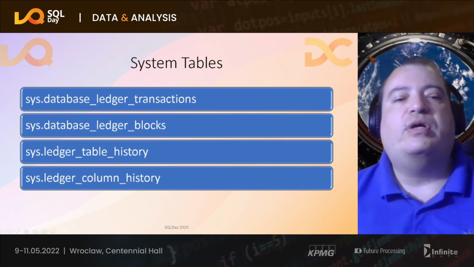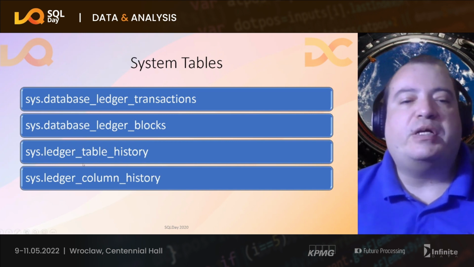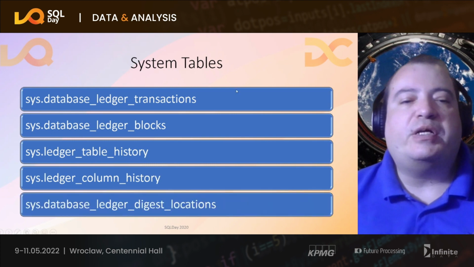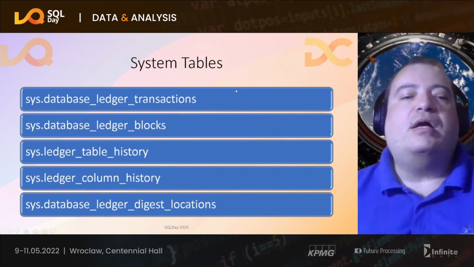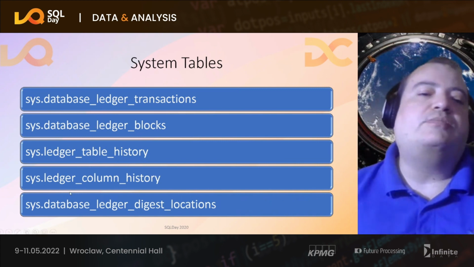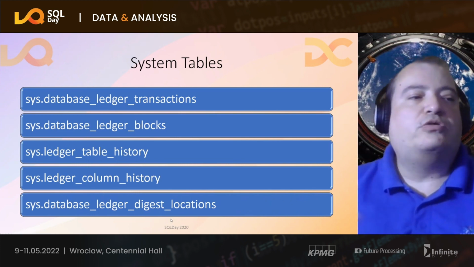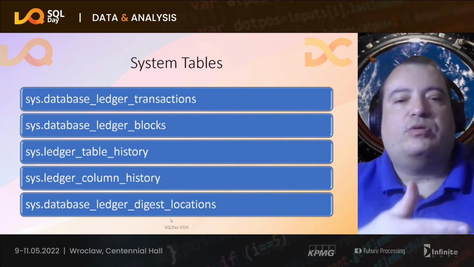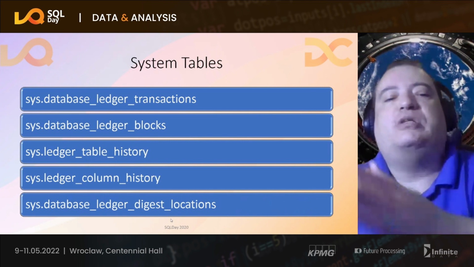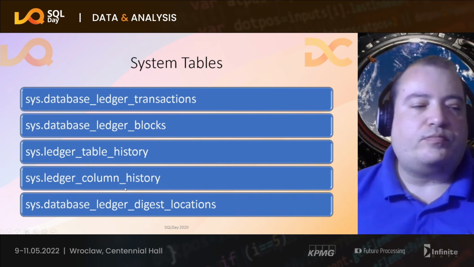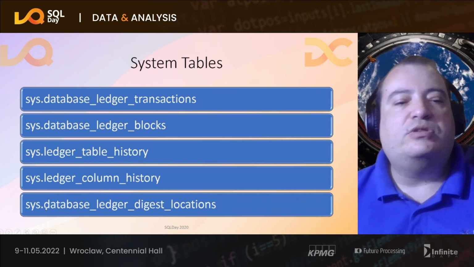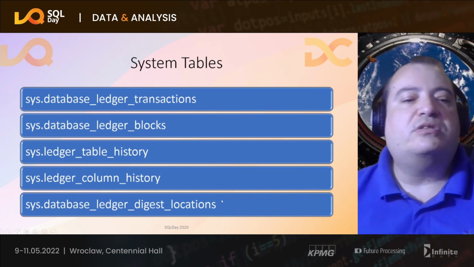So we have a special system table to record table creations and changes on the schema. And we have another special system table that tells us where the external location is. We saw during the provisioning that we specify an external location to save our ledger data. That external location is saved in this system table, database ledger digest locations.